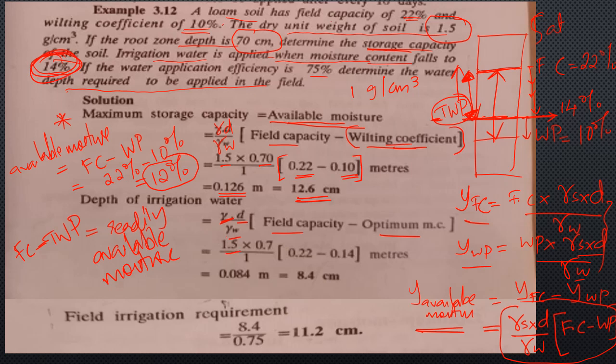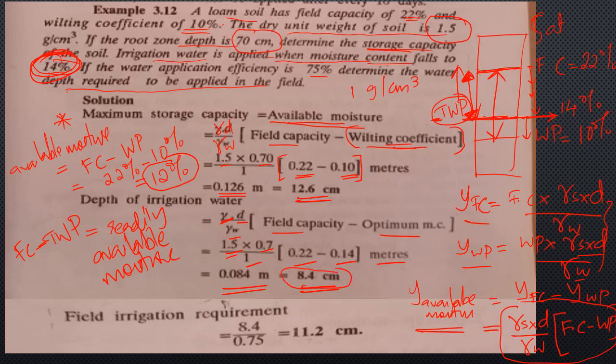Here, 1.5 is the unit weight of soil, into 0.7, the root zone depth, divided by 1, the unit weight of water, into field capacity minus optimum moisture content, 0.14. From that you will get the depth of irrigation water, that is the irrigation water that we actually provide in each irrigation. So a total of 8.4 centimeter depth of water is provided for each irrigation.